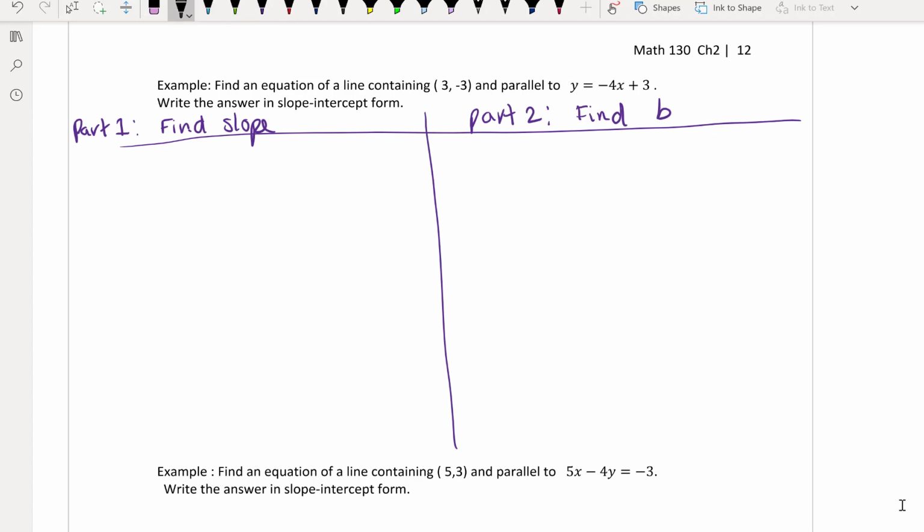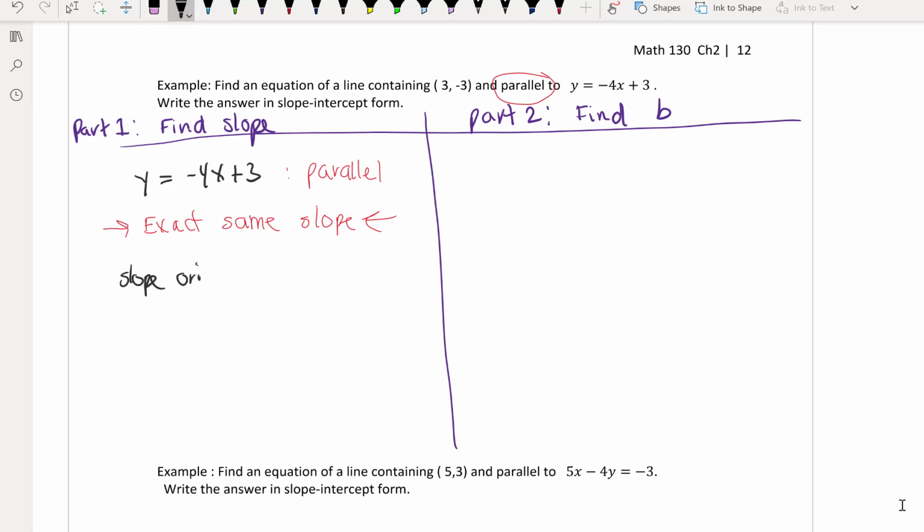So for part 1, finding my slope, I have my original equation, y is equal to negative 4x plus 3. But it specifically said the word parallel. So if I have parallel, then that means that I absolutely need the exact same slope. Well, my m, or better yet my slope from my original equation, is the number in front of x.